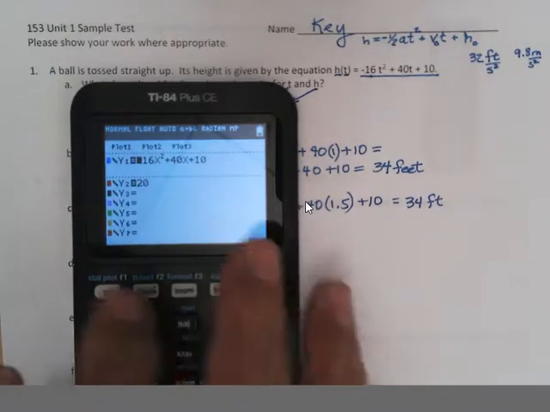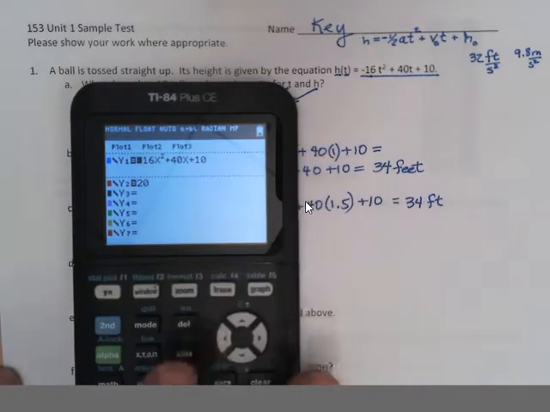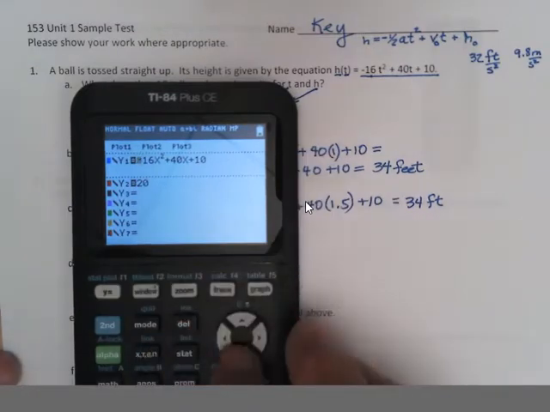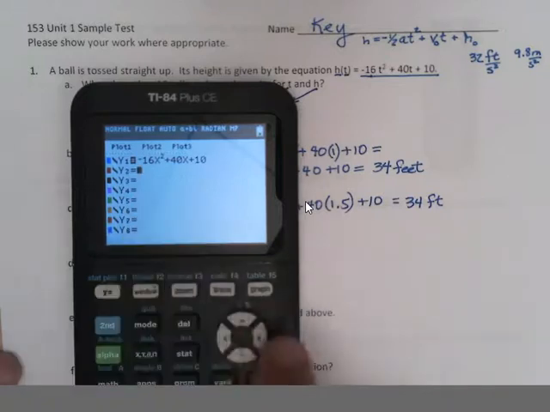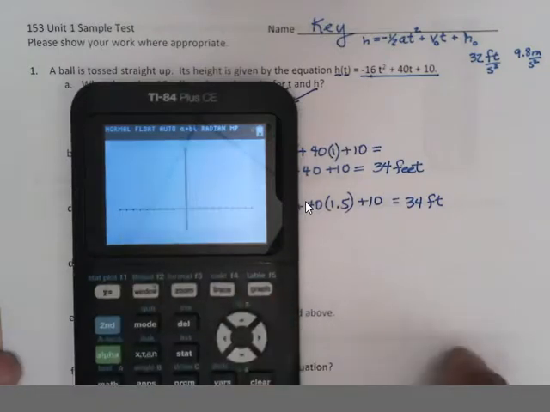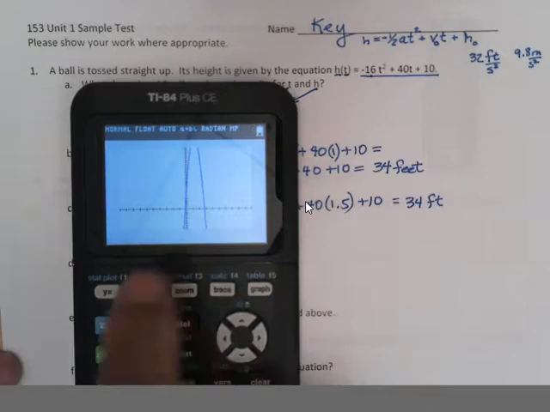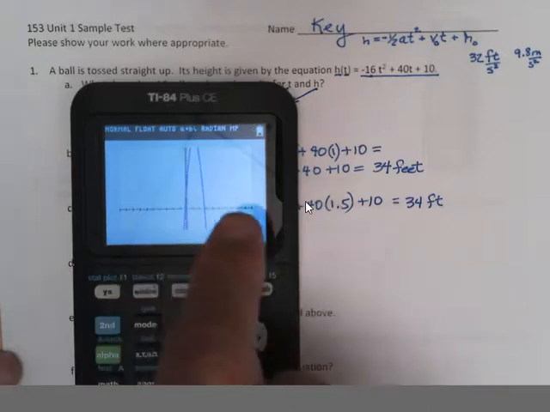I also did it by typing the equation in here, and I showed several ways to get it. One would be to graph it, and I've changed my screen so that it fits on there.